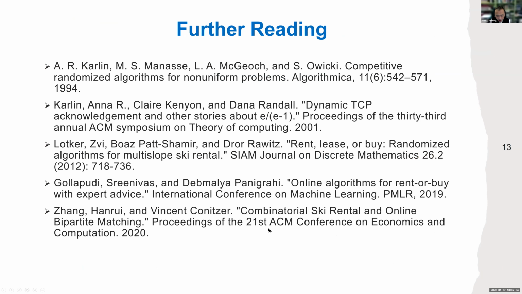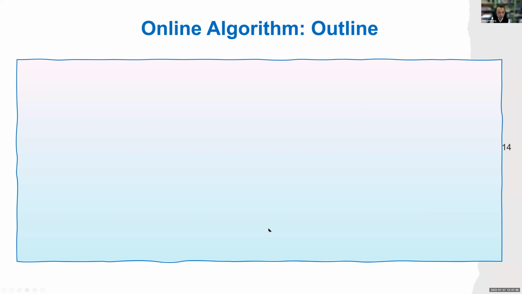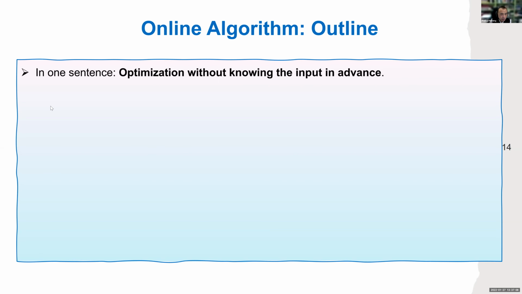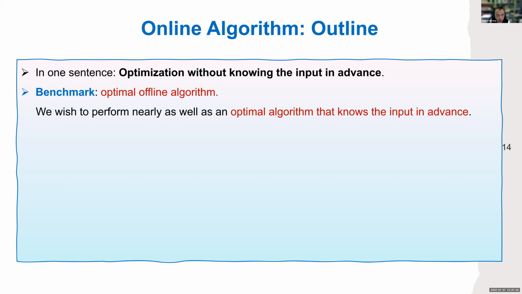Now let's summarize the online algorithm bit. In online algorithm, you are doing optimization without knowing the input in advance, because the input is released to you one by one. And then you are comparing your solution with the optimal offline algorithm, right? And we need to perform nearly as well as an optimal algorithm that knows the whole input in advance.